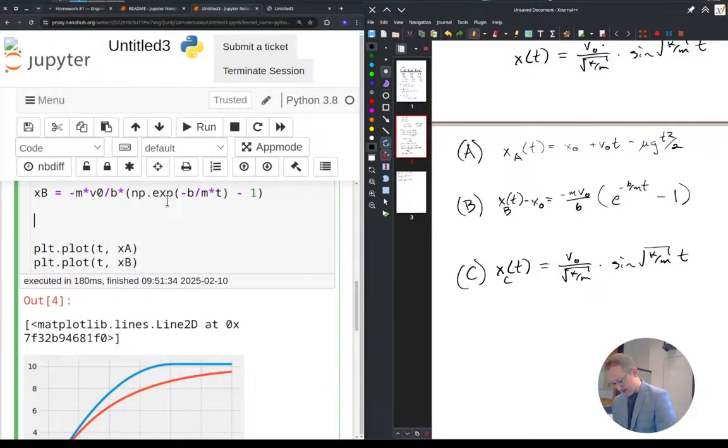Alright, so last one was our sines and cosines. Sorry, I know we're out of time. V0 over square root k over m times sine.